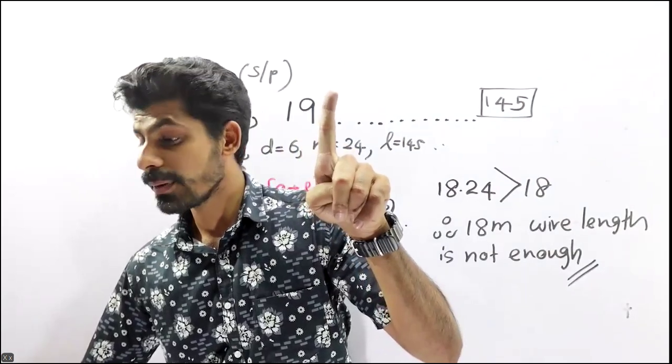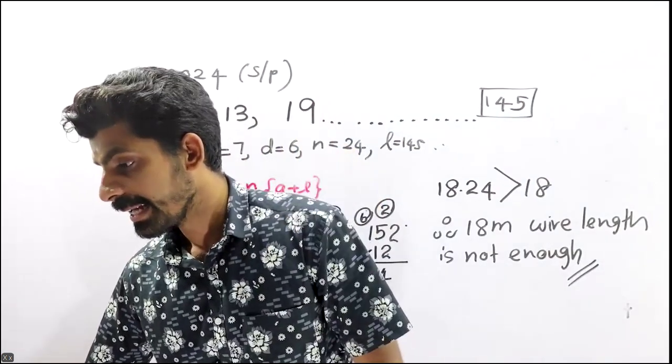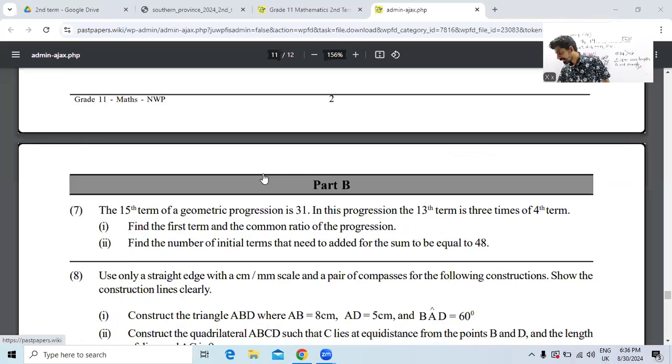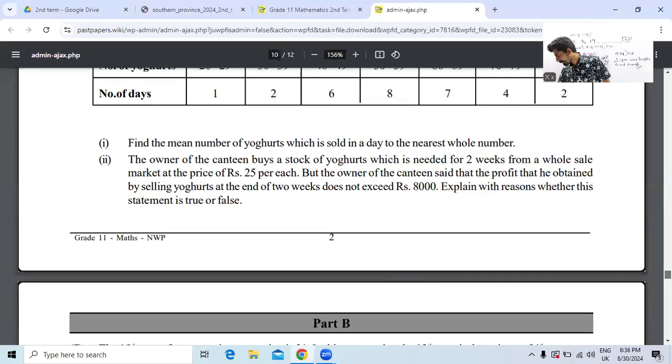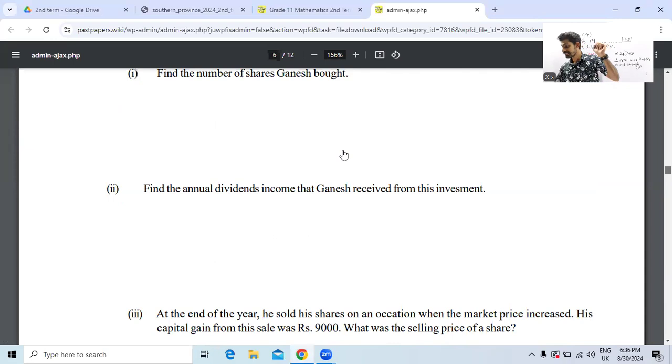Look at the second one. This question is a little bit different.